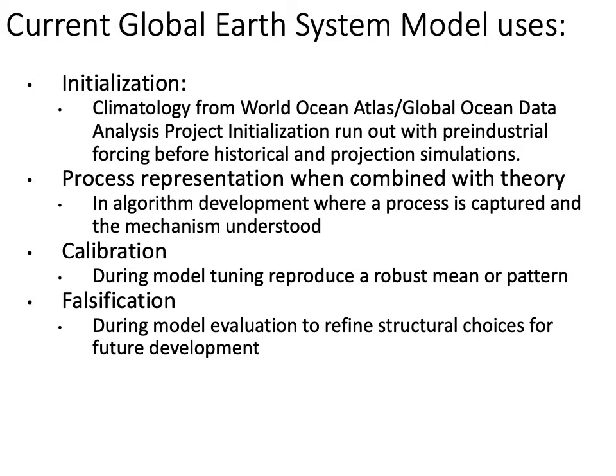They use observations for calibration during model development and tuning to reproduce, for example, a robust mean or pattern that emerges from the observations. And finally, during falsification phases of model evaluation, observations are used to refine structural choices for future development.